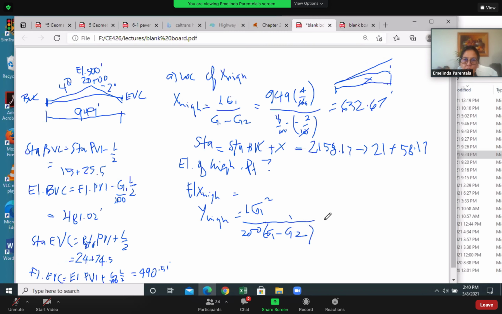So here, we know L. How much is L again? L is equal to 949. So 949 times G1 squared, 4 squared, over 200 times G1 minus G2. How much is G1? 4 minus 2.